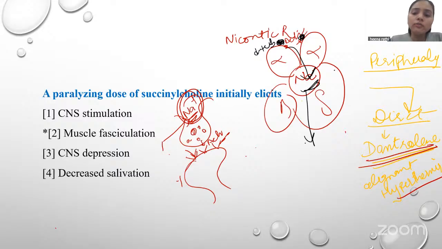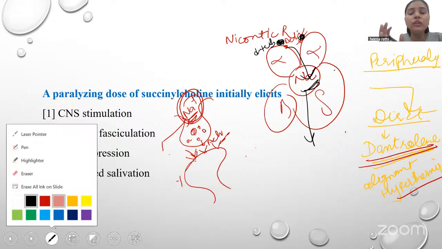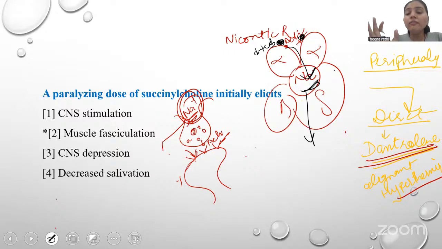The sodium responsible for depolarization will not act because of the binding of this heavy molecule. So depolarization will not occur, there will be relaxation, and there will be flaccid paralysis in the muscles.